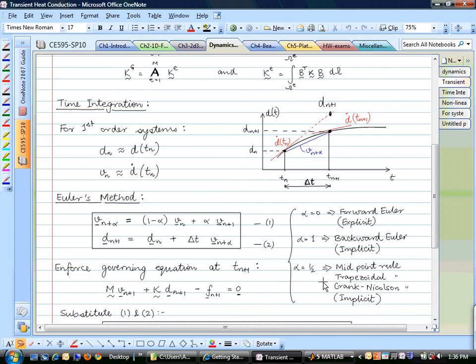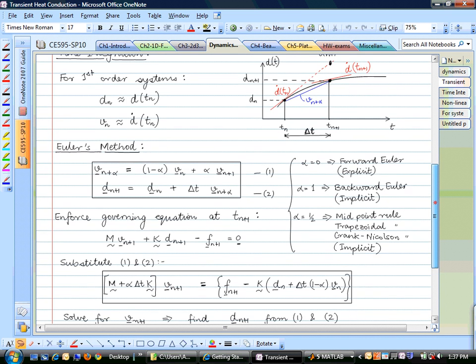What that means is that if you reduce the time step by half, your accuracy is going to go up by 4 times with this midpoint rule. But these two methods are first order accurate. So if you reduce your time step by half, your accuracy will go up by 2. So these are basically the more common first order methods, the Euler method.